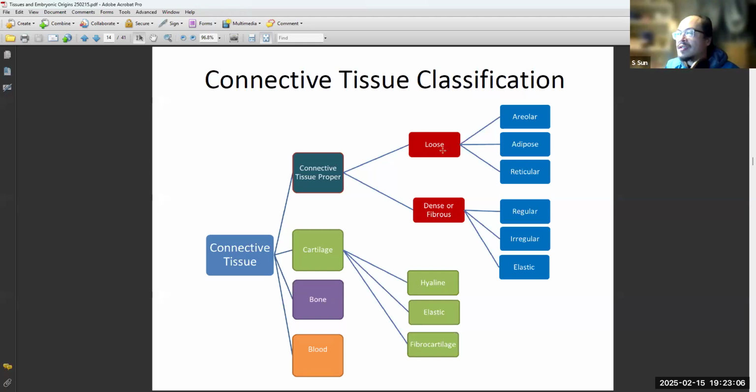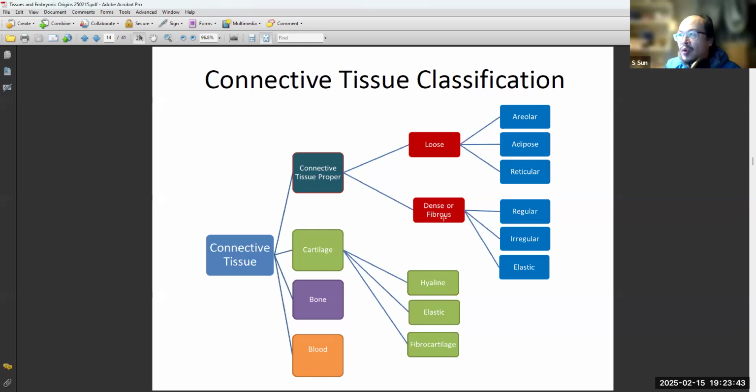So the loose one has three major types. One is called areolar. If you do histology or microscope, we will see that it's very open. Adipose is fat tissue. So fat tissue is a type of loose connective tissue proper. And another one is called reticular. So this one has some structure, but is still pretty loose.